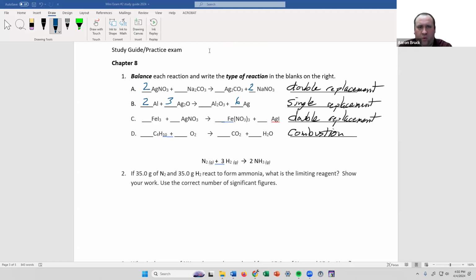For the third one, I have iron, I have iodine, I have silver, and I have nitrate.